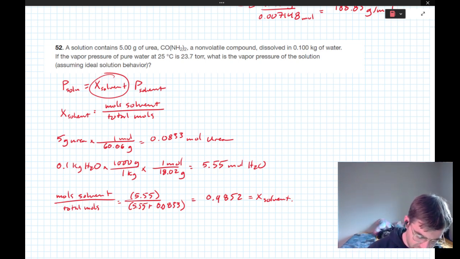Now we can plug in our pressure of the solution and the pressure of the solvent. Or rather, we can calculate for the pressure of the solution.